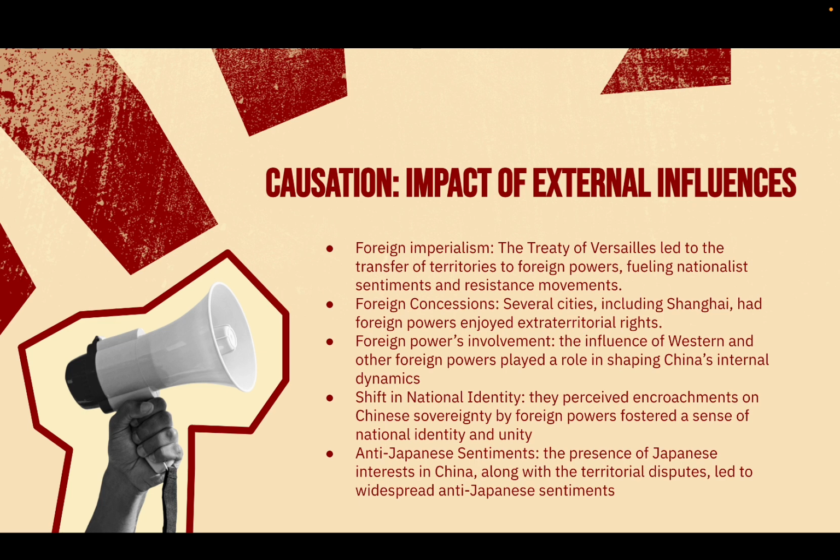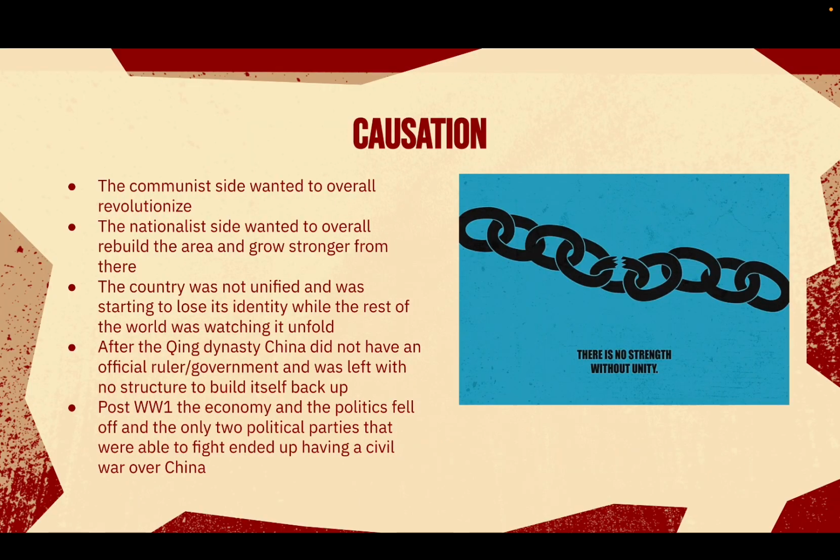More on causation, the impact of external influences. Like foreign imperialism, foreign concessions, foreign powers' involvement, shifted national identity, so how they perceived encroachments on Chinese sovereignty by foreign powers fostered a sense of national identity and unity, and also anti-Japanese sentiments.